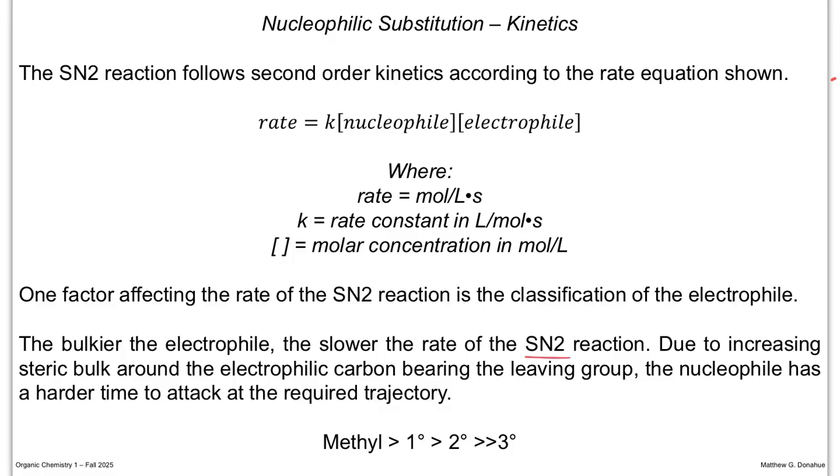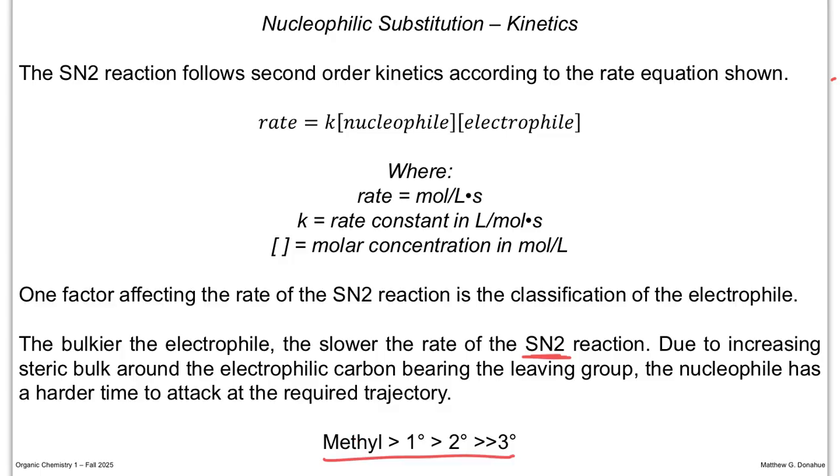The take-home message for this slide for an SN2 reaction: when you look at the carbon bearing the leaving group, the rate is dependent upon this trend here. Your typical methyl group will always react the fastest.